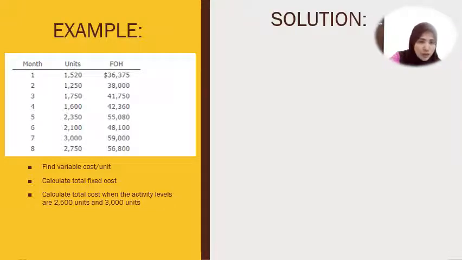The lowest unit production is in the second month, which is 1,025 at the cost of 38,000, and the highest unit is 3,000 with the total cost of 59,000. You are required to find the variable cost per unit, the fixed cost, and also the total cost if the activity level is 2,500 and also 3,000 units.